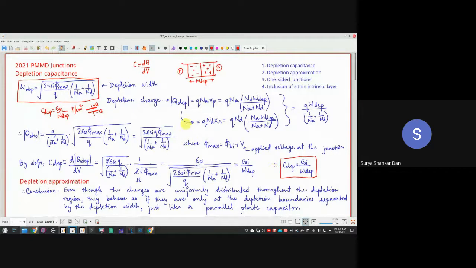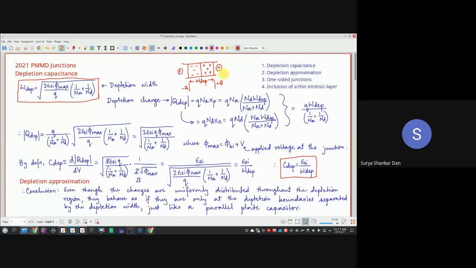Now, when I was in IIT Bombay, I was asked in one of the interviews, when I was a student like you: in the depletion situation, the charges are uniformly distributed, so how come we are saying that all the charges are either here or here, minus q charge here and plus q charge there, in the depletion region?